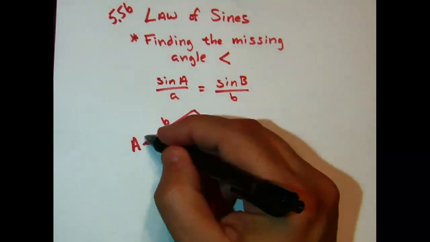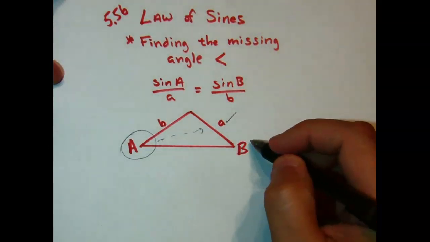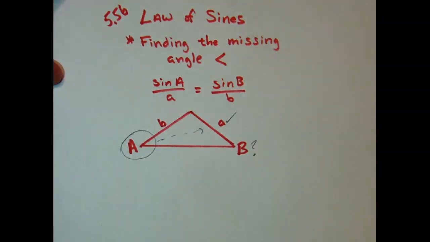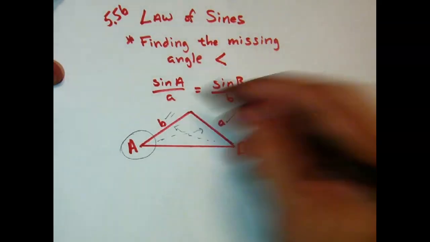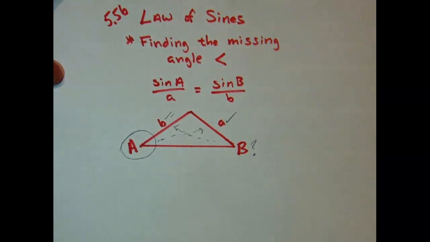Let's say that we are looking for angle A, and they give us the side that corresponds to it, or we're looking for an angle B that we don't know, and we are given a corresponding side B. We would set up the proportion like we did in the last lesson, but you're going to have to do a couple new things to your calculator in order to get the correct answer. So please be very careful. Here are a couple examples.